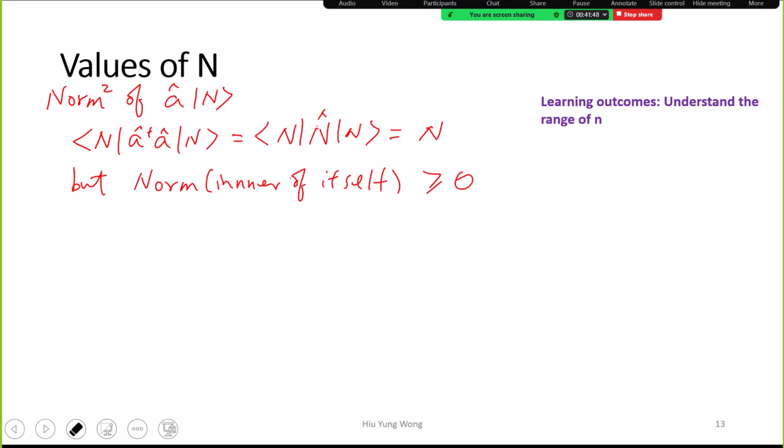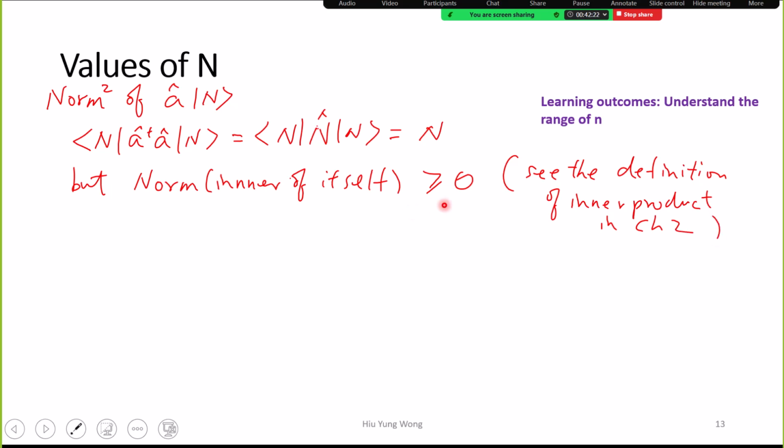Remember, at the very beginning of the class, the definition of inner product is that it satisfies a few criteria. One is the norm needs to be larger than or equal to 0. I think maybe in chapter 2. So it needs to be like this.